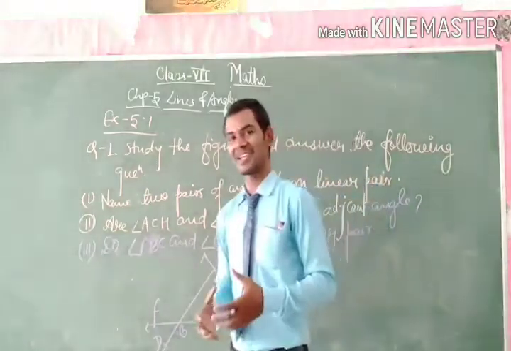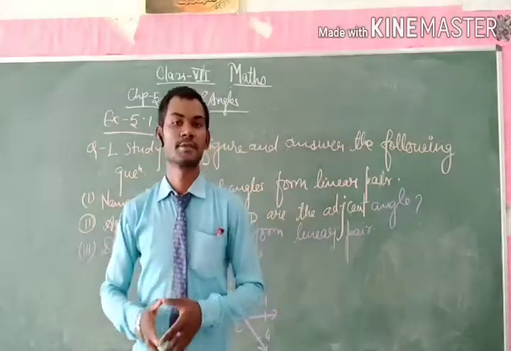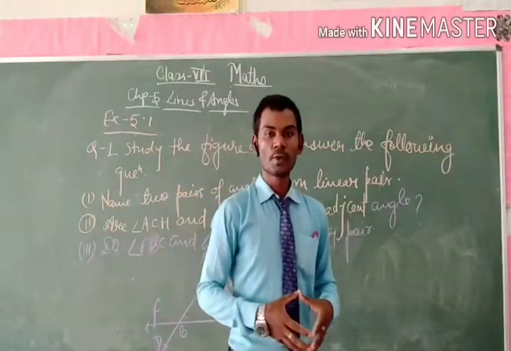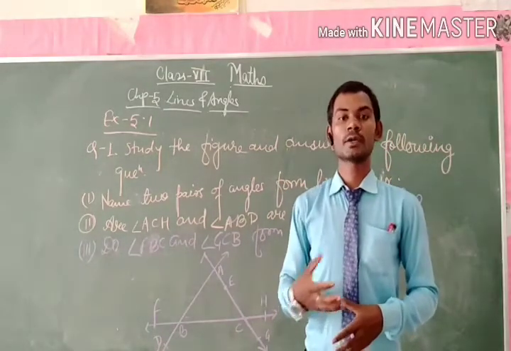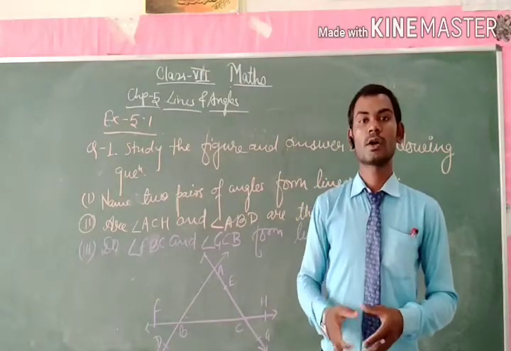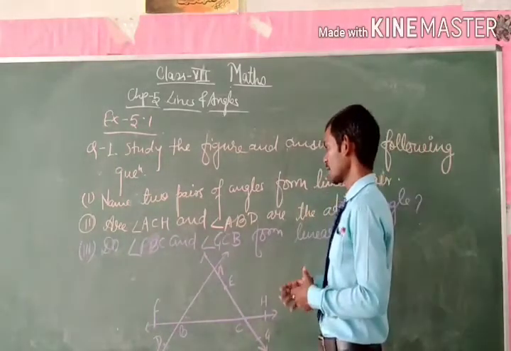What do you mean by the linear pair? Two angles which form with a common arm and a common vertex are known as a linear pair.